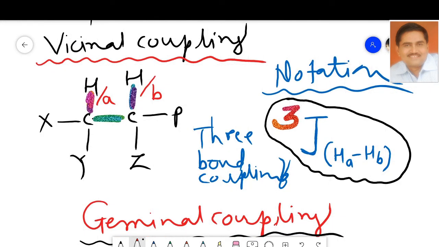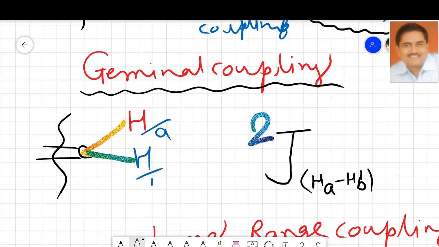So we will again remind there are three types of coupling. Vicinal coupling is frequently observed in compounds, and the notation is 3J. Why is it 3J? Because these coupling partner protons are three bonds away. So vicinal coupling is 3J coupling. Then geminal coupling.